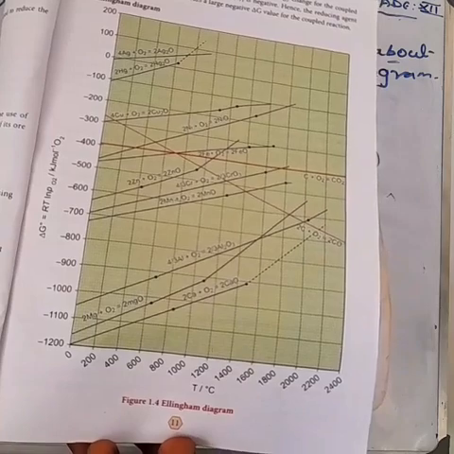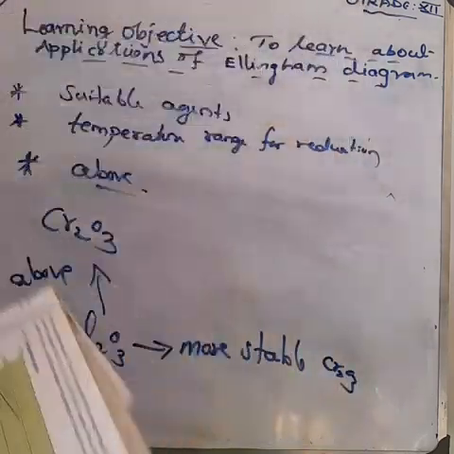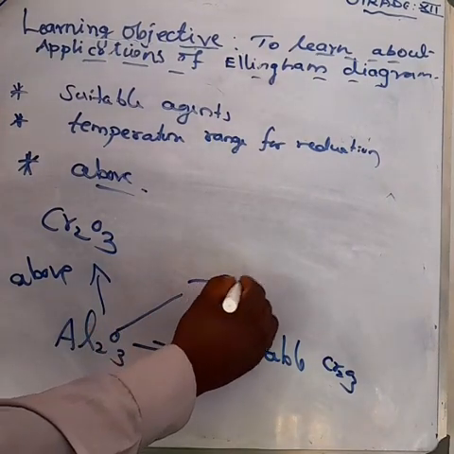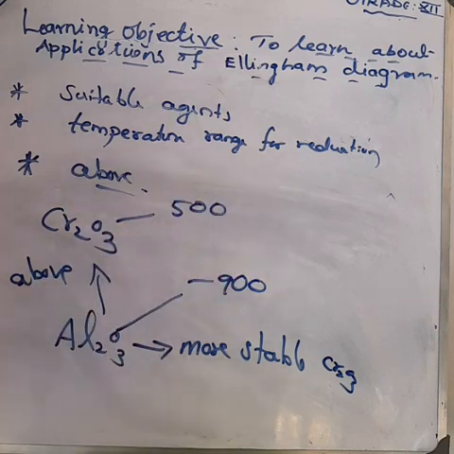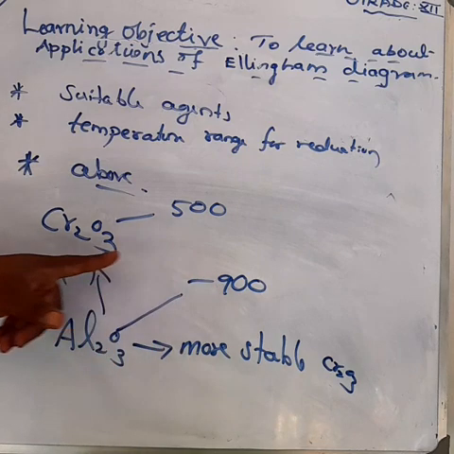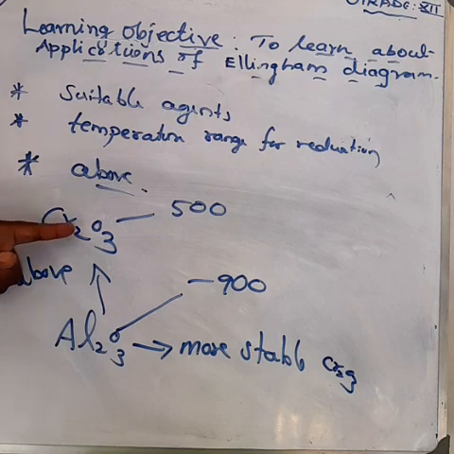So which one has the higher negative value? Aluminum oxide has a higher negative value compared to chromic oxide. So one possibility is that aluminum oxide has a high negative value, and also chromic oxide lies above that of aluminum. That's the two conditions.